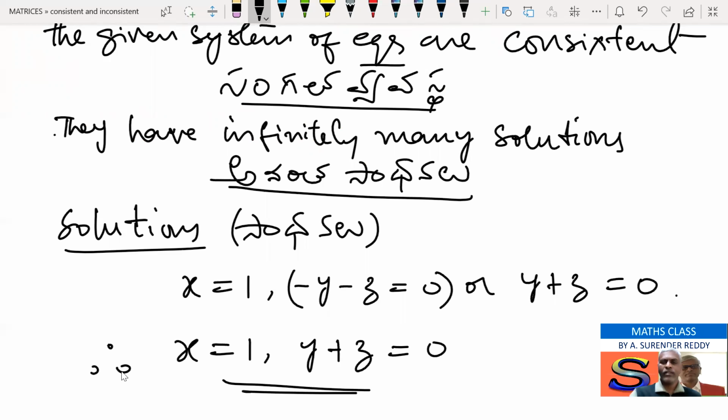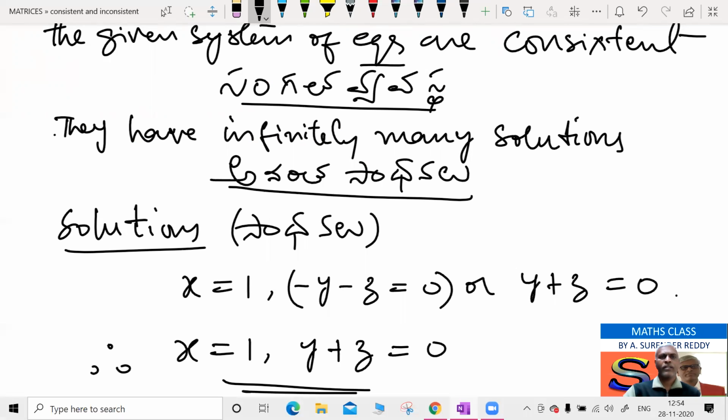So all these problems are with different situations. We did the problem with no solution, that is an inconsistent system, then the consistent system with a unique solution, and the consistent system with infinitely many solutions.